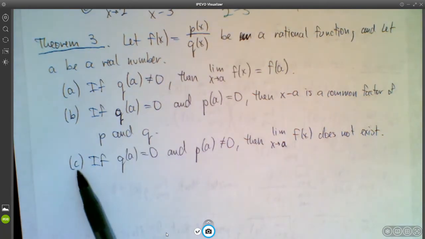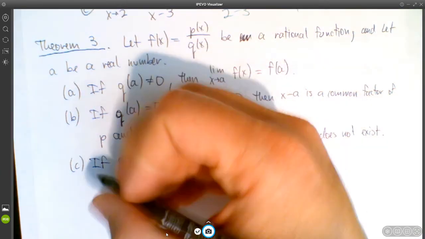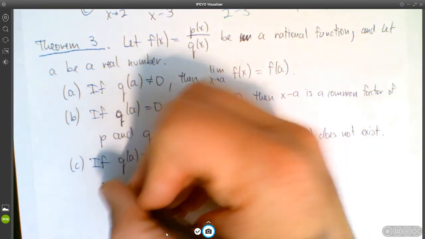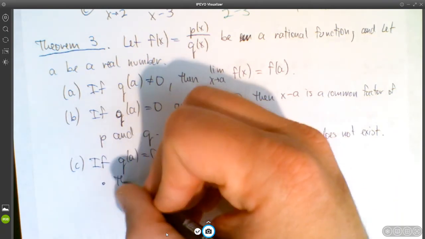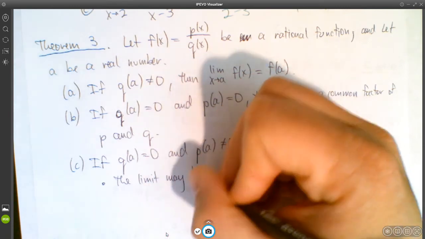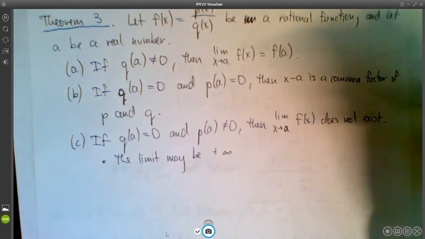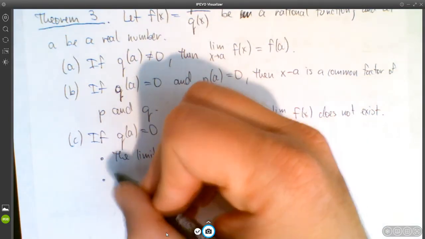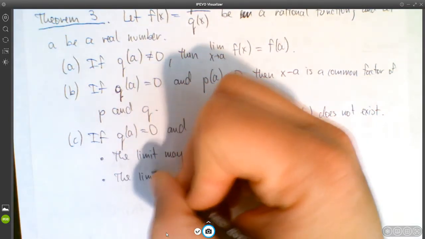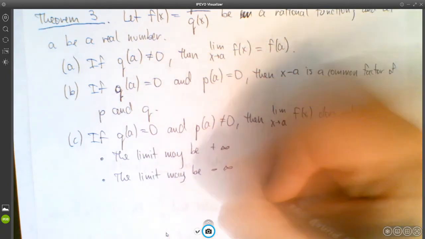In this third case, part C, there could be 3 possibilities. It could be that the limit may be positive infinity. It could be that the limit may be negative infinity.